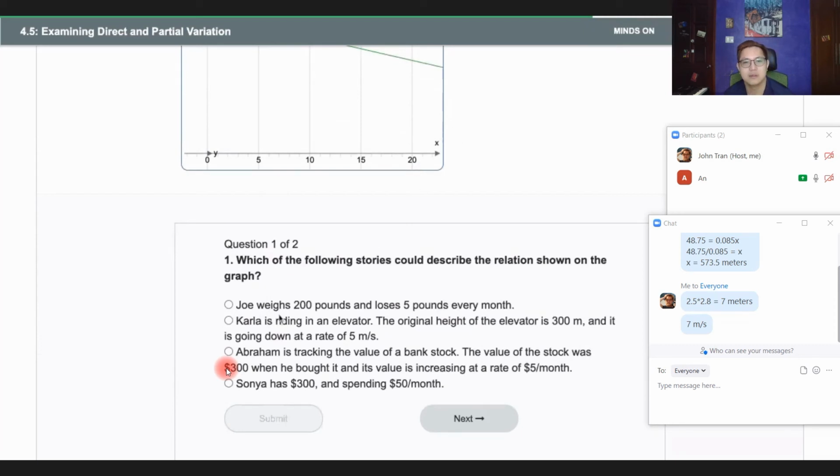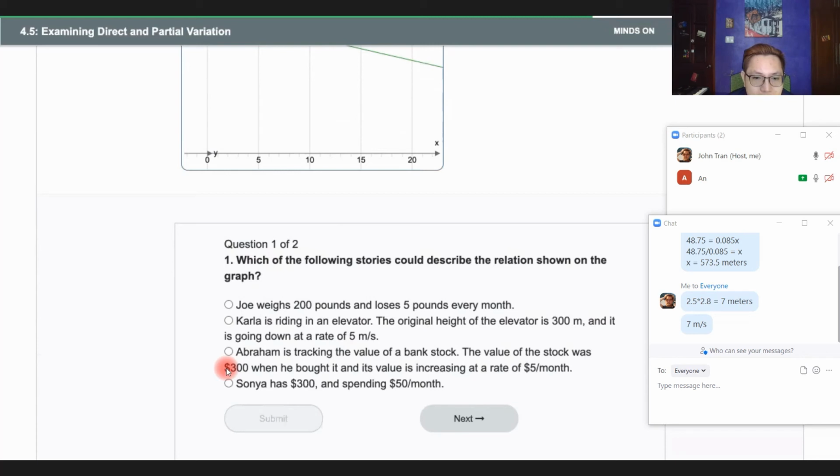I don't think it's the elevator, because when it reached 20, 25 multiplied by 20 is equal to 100. I don't think it's the elevator case.